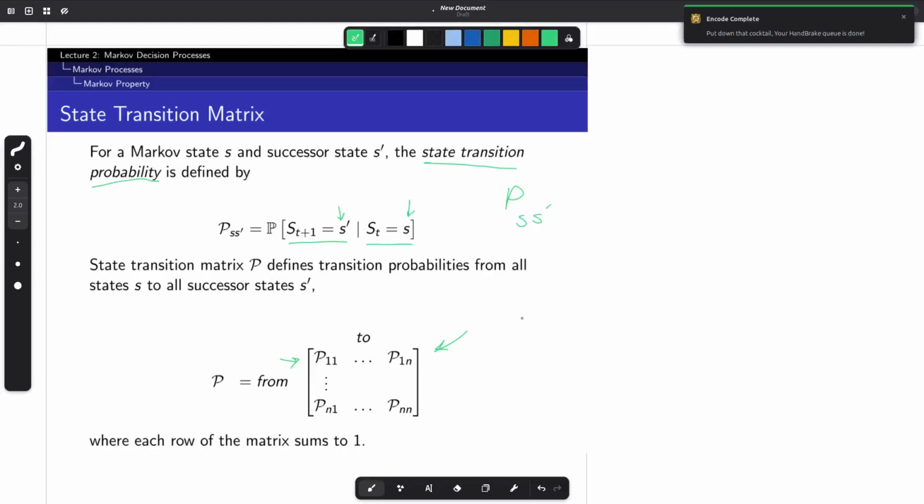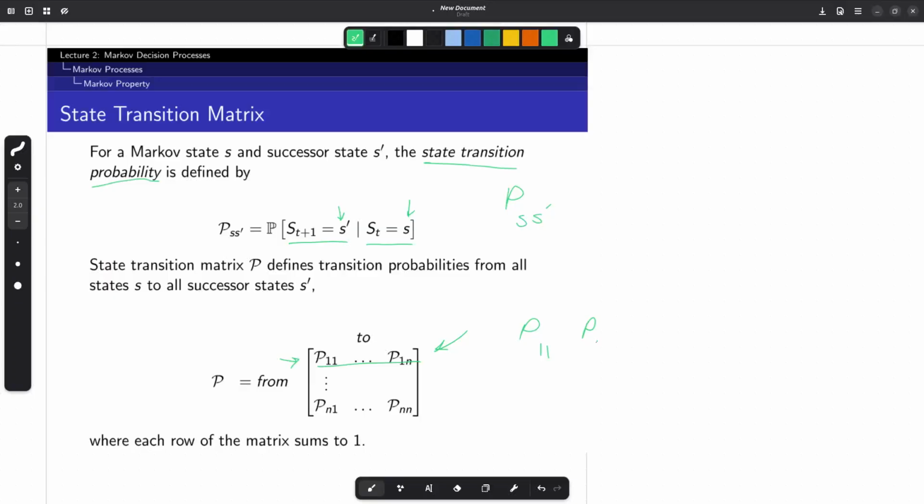So the first row here is the probability of going from state 1 to state 1 again. The second one is the probability of going from state 1 to state 2. The third one is the probability of going from state 1 to state 3. And the last one is going to be the probability of going from state 1 to state n. So these are the probabilities, and we can show these probabilities as a graph too.